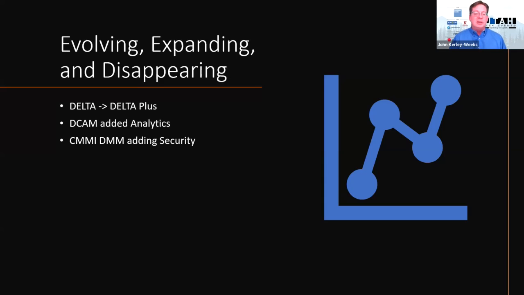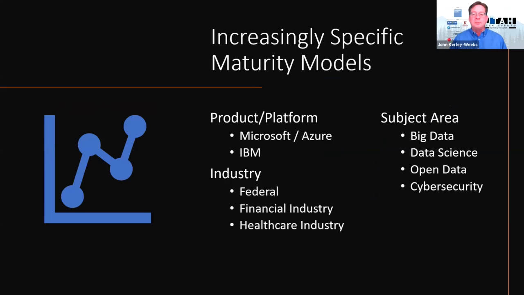For instance, the IIA Delta model added 2 more areas, technology and analytics, I believe, to create the Delta Plus model. DCAM added in an 8th component for analytics, and the CMMI DMM is adding in a security area for cybersecurity, which they should be rolling out in the next couple of months.